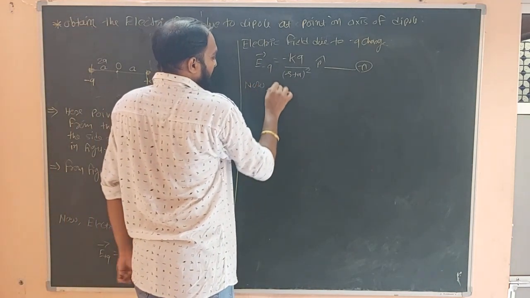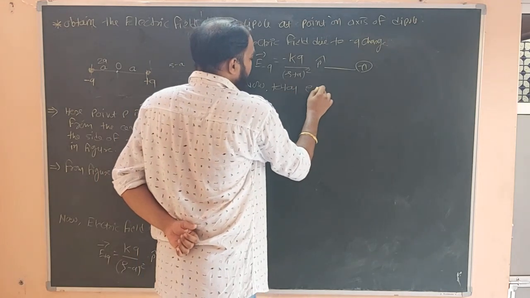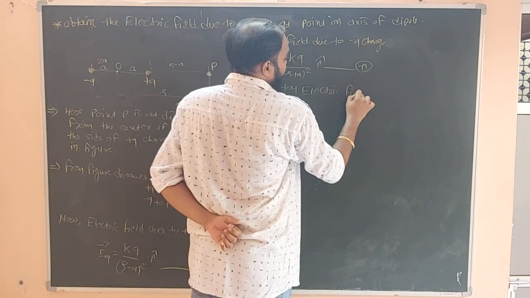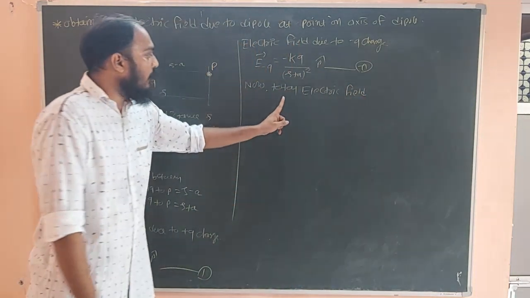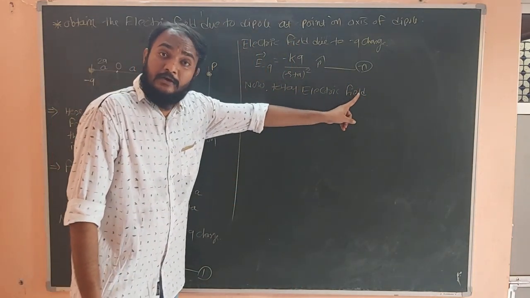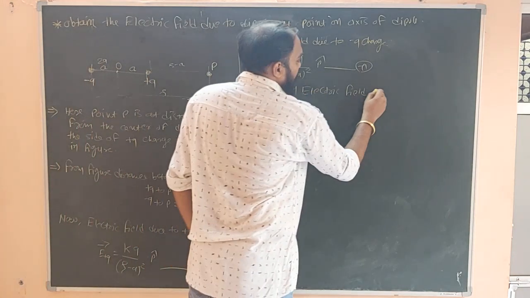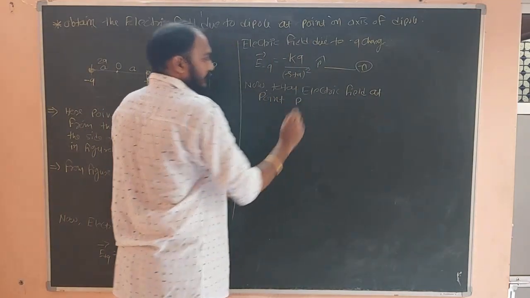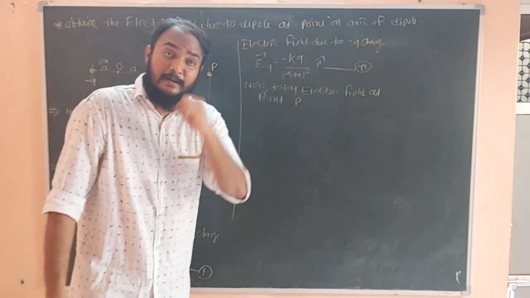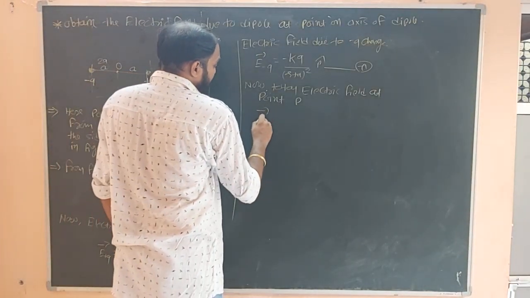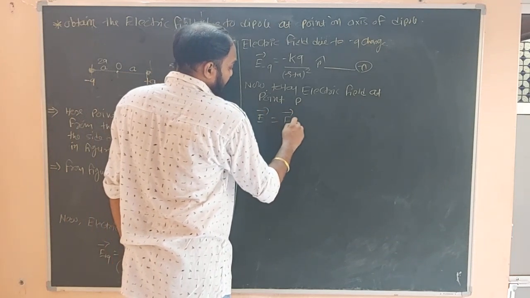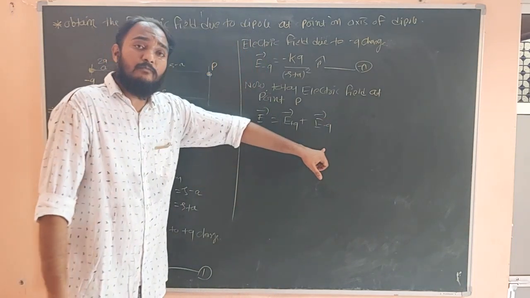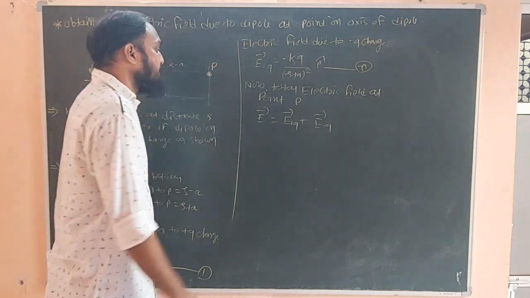Now the total electric field. Again, what? Total electric field at point P. Total electric field at point P is E is equal to E plus Q plus E minus Q. Okay, we will superpose them, so we will use the superposition principle.